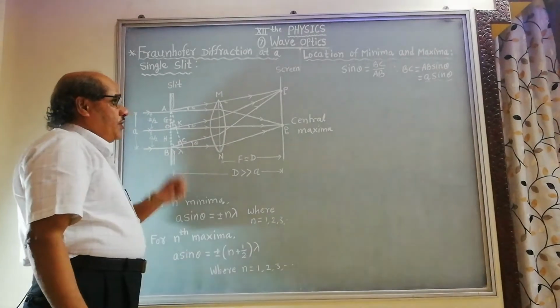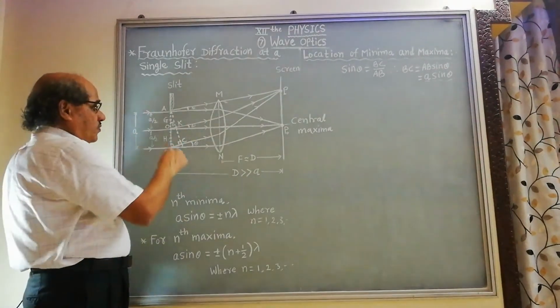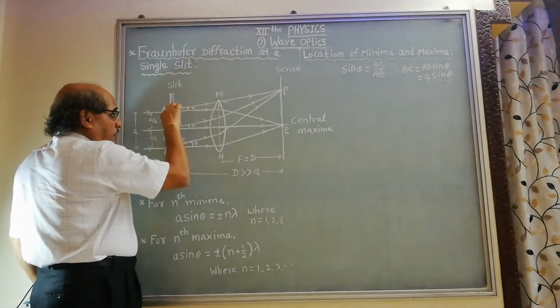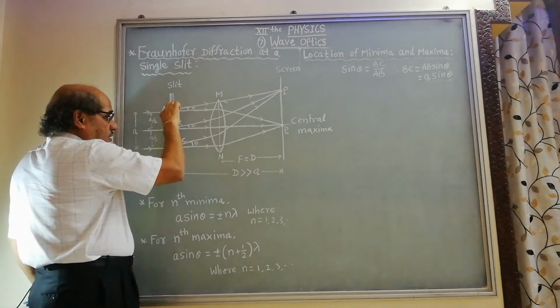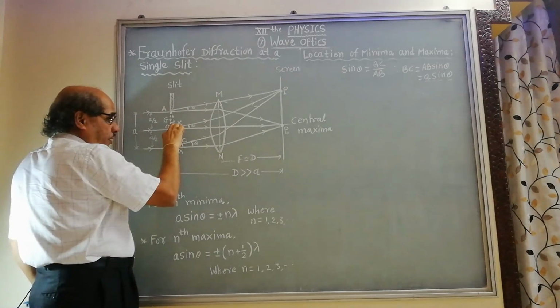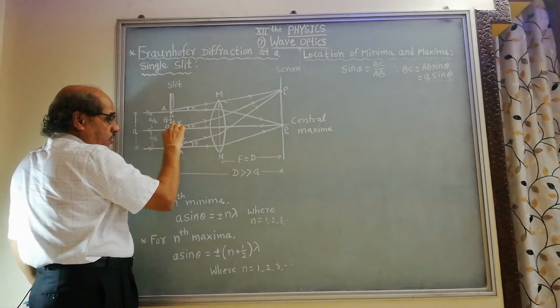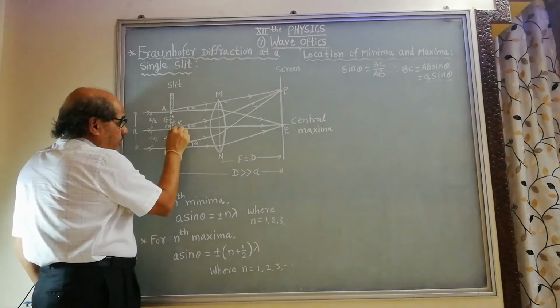Now this path difference between these two waves is lambda by 2. So this is lambda, so this path difference is lambda by 2.